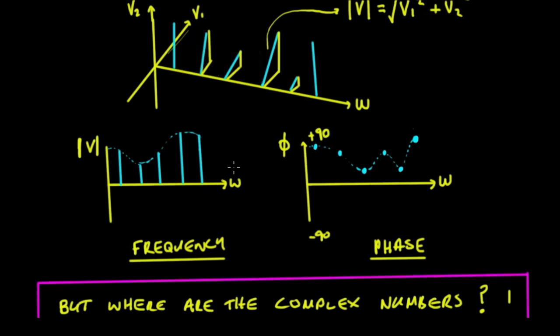Okay, so we also have to represent the phase at each point. So the phase is easy enough. You can think about a frequency axis along here, and the phase can change. It can go from 0 degrees round to plus 90 and round to plus 180, sorry, and round to minus 180.